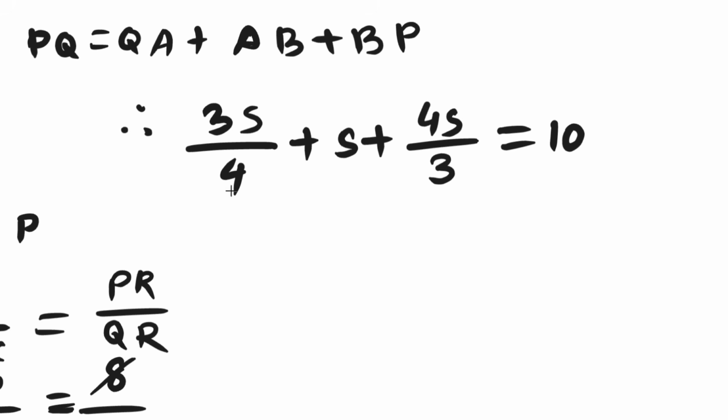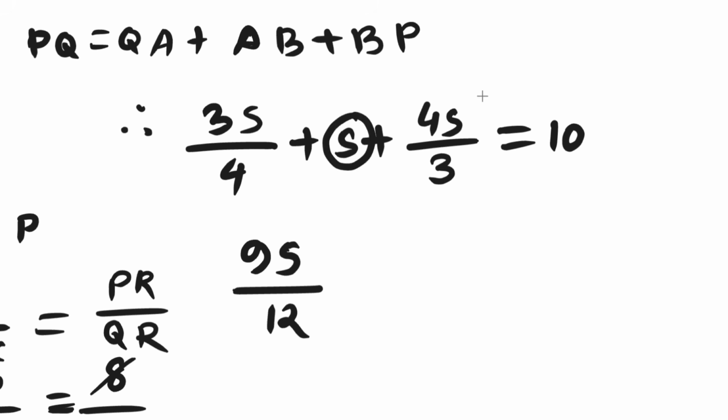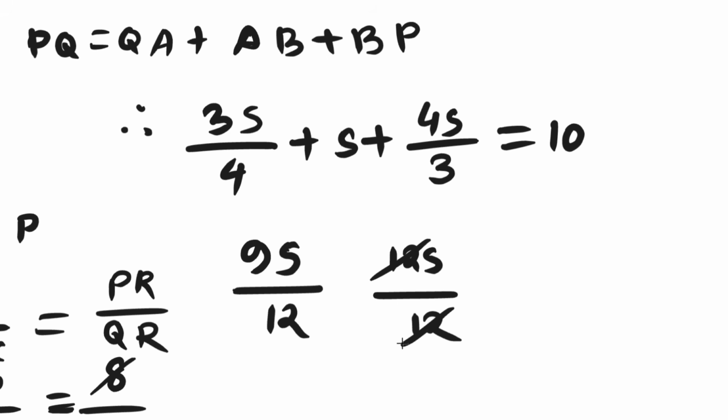3S divided by 4 becomes 9S divided by 12 because we multiply both numerator and denominator by 3. The middle term S can be written as 12S divided by 12 because multiplying by 12 divided by 12 does not change its value.